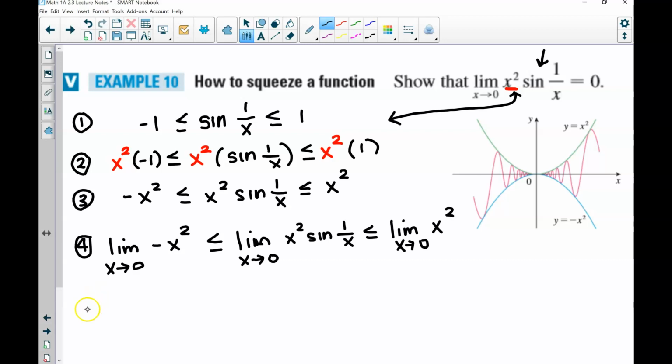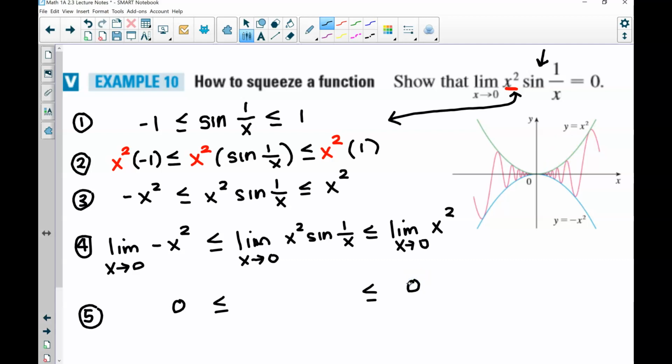In step number 5, we can determine the limits on the left and the right side of this compound inequality. The limit as x approaches 0 of negative x squared, you can see here, is 0. On the right side, the limit as x approaches 0 for y equals x squared is also 0.